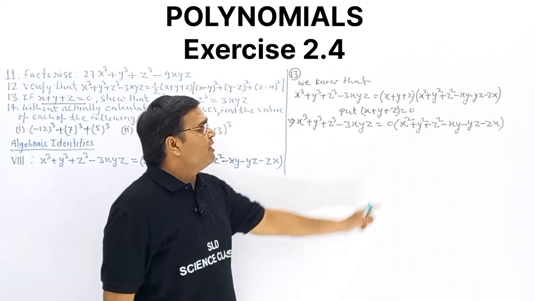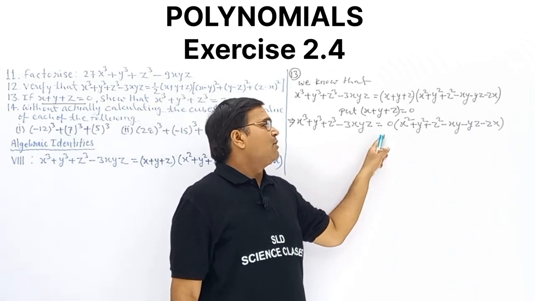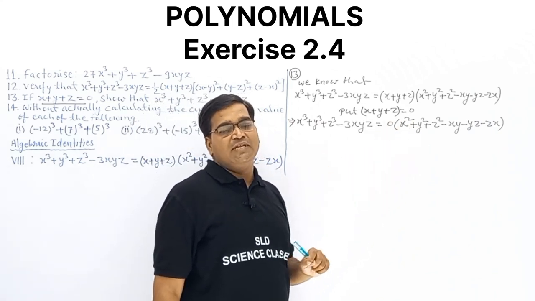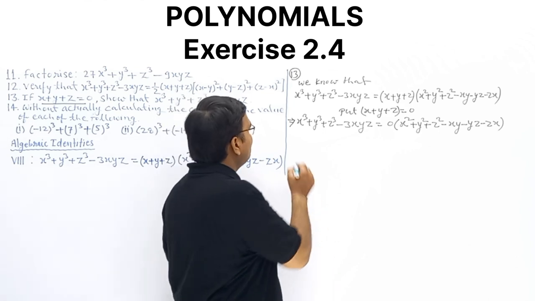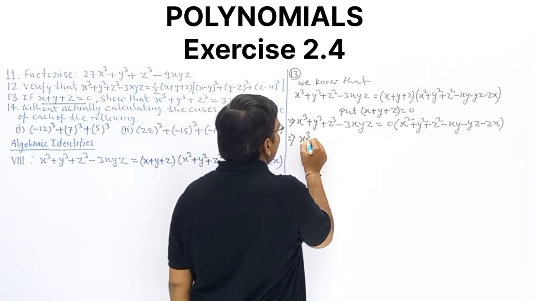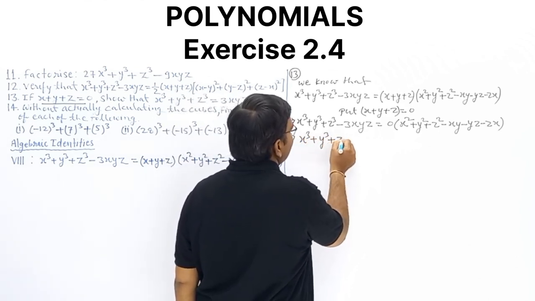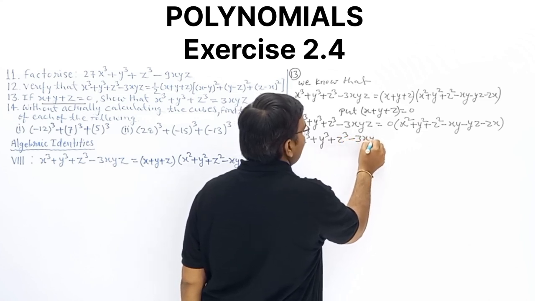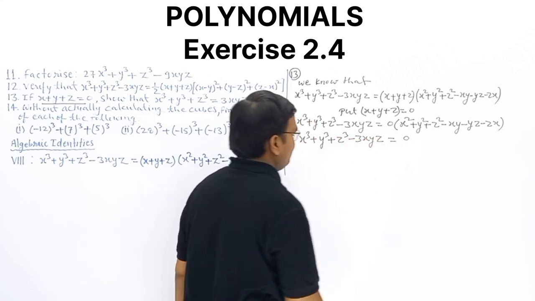Clear? Once we multiply any number by 0, the result will be 0. So x cube plus y cube plus z cube minus 3xyz will be 0.